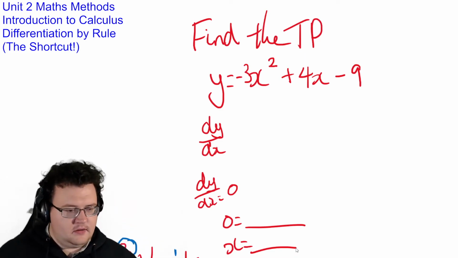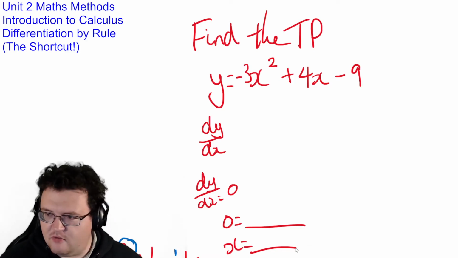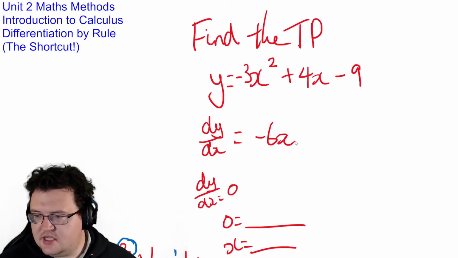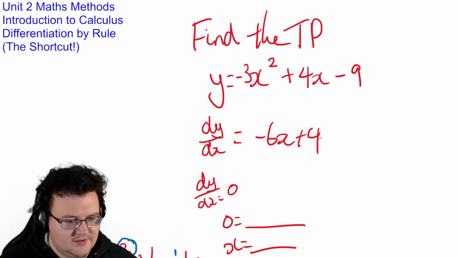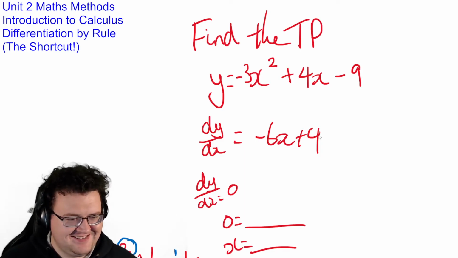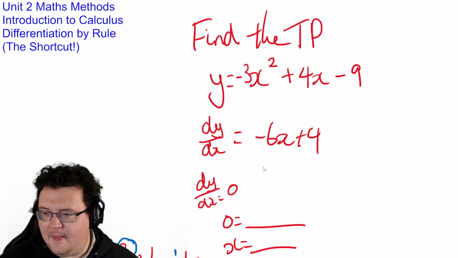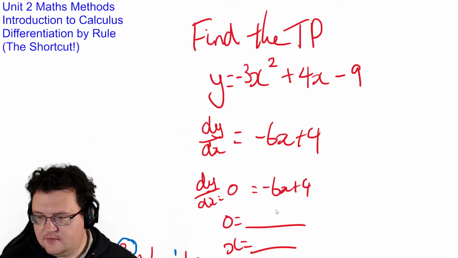All right. Minus 6x plus 4, if that's what you put in, groovy. So it's minus 6x plus 4. And now from there, 0 equals minus 6x plus 4. So that means the answer is going to be add 6x to both sides.